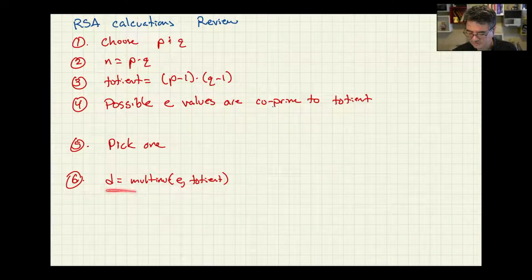And then finally, compute the multiplicative inverse of e and that totient, and then you've got your d number. So those are the 6 numbers you need. You throw away 3 of them, and you leave behind the e, the d, and the n, and those become the basis of your keys. Any questions about that stuff?